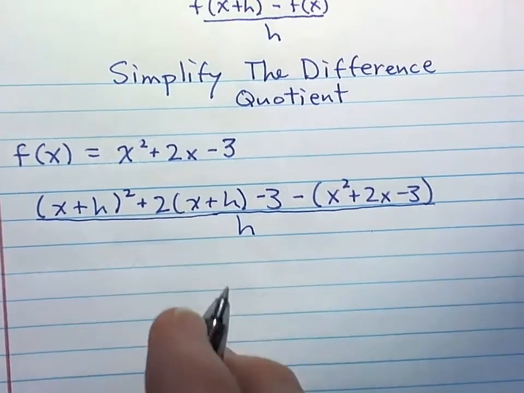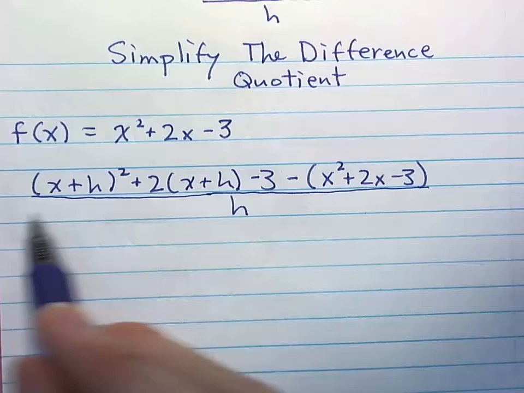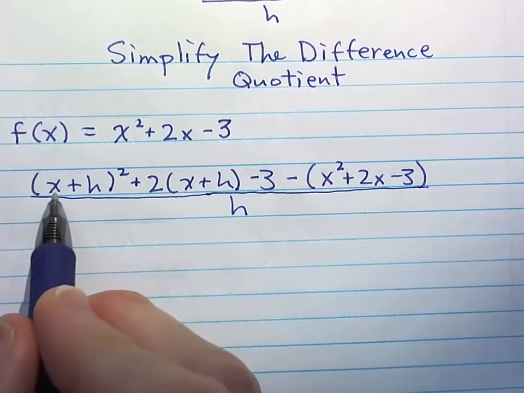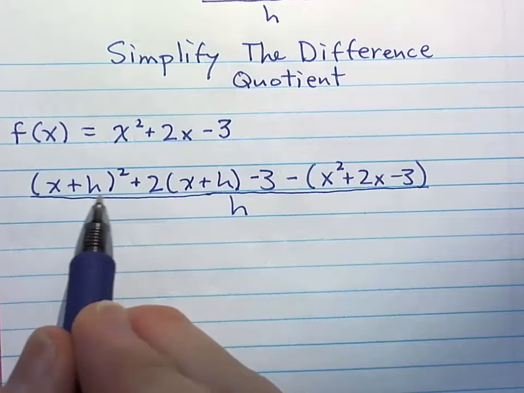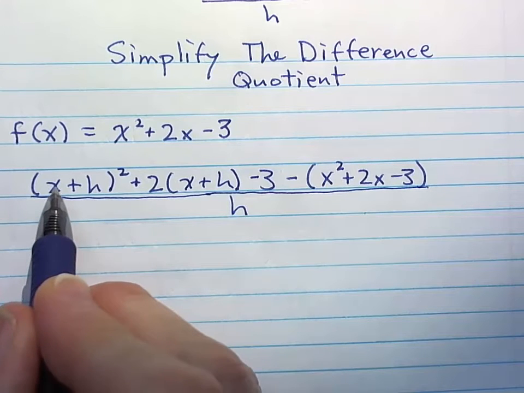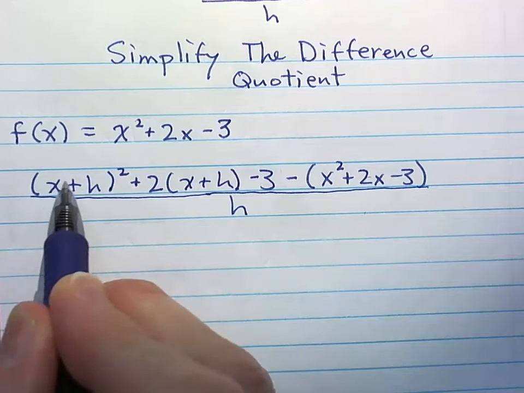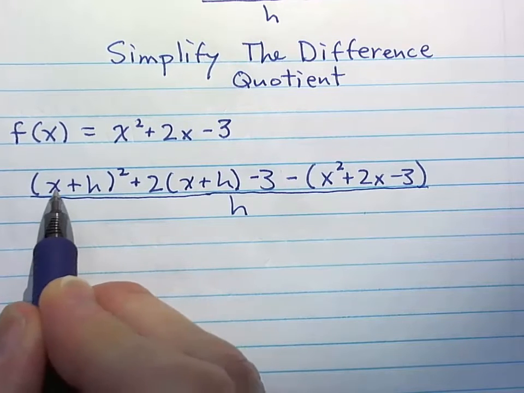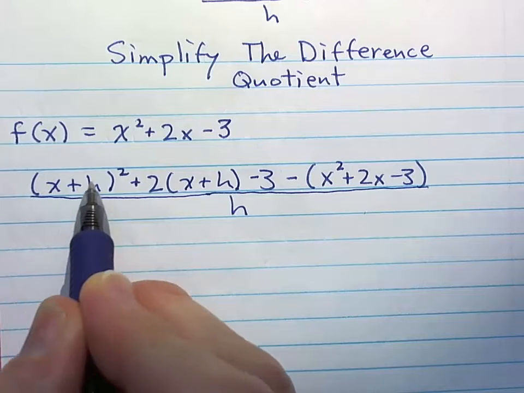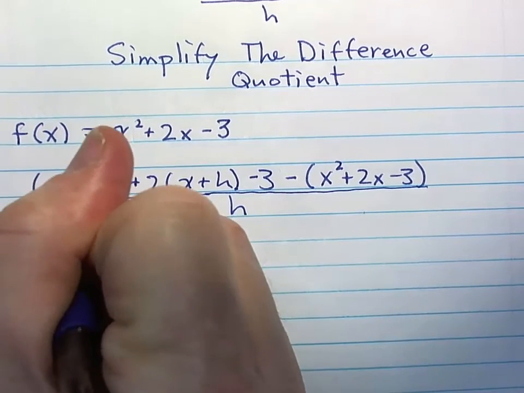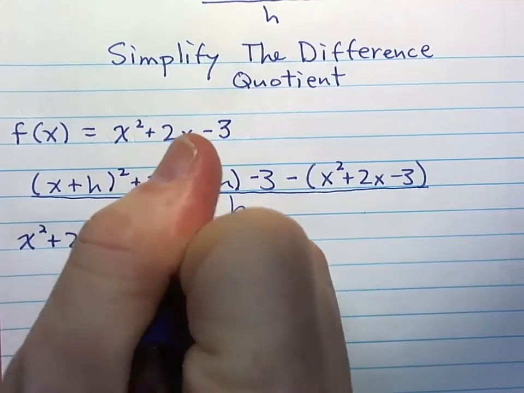Now we've got to go back and do all of our multiplying. Now remember, a lot of times students will make a mistake by saying, okay, this x plus h squared is going to be x squared plus h squared, but it's not. You multiply this out, x plus h times x plus h, and you're going to get x squared plus 2xh plus h squared.